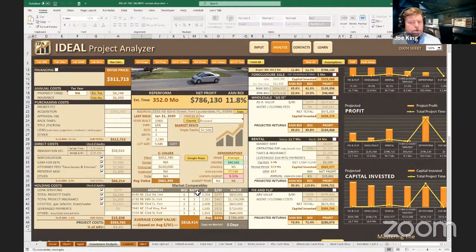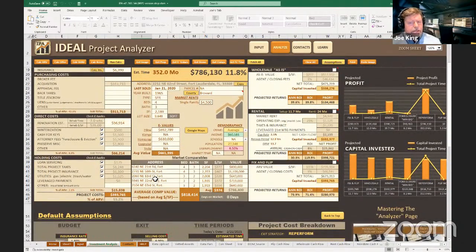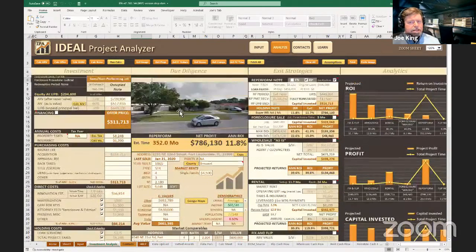We also wrote an algorithm where it goes out and pulls comps. So we're looking at comps that have been sold within the last 6 months within a specific vicinity of the subject property, and they have to have a certain bed bath count and square footage that's near the subject property. So what we're looking at here is taking an average price per square foot and applying it to our square footage in this case here.